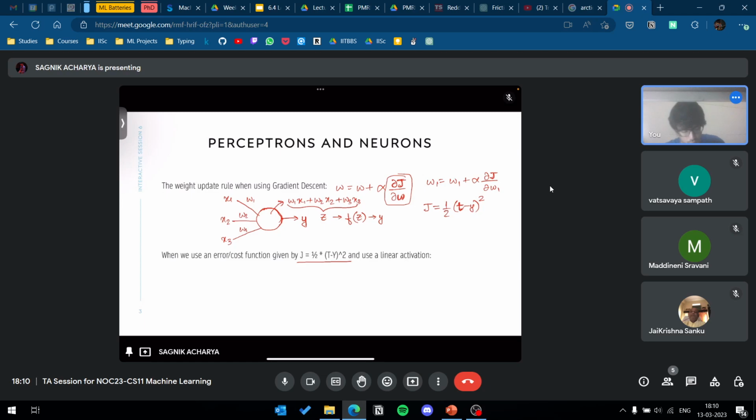So del j del w1, this is what I need to find. This will be equal to del j del y into del y del z into del z del w1. Does anyone have a doubt with this chain rule which I've created here?